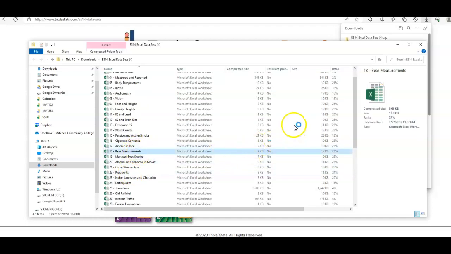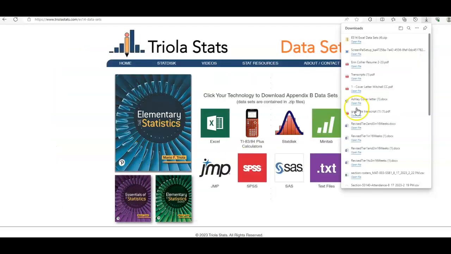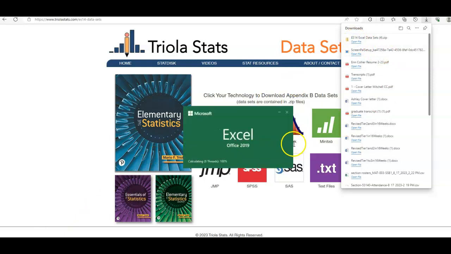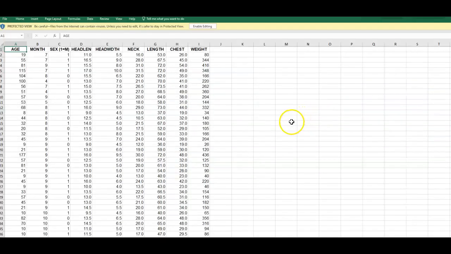Let's do bear measurements. There it goes. So here's my data set.